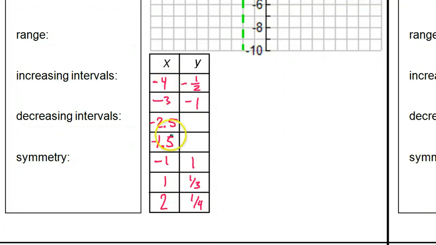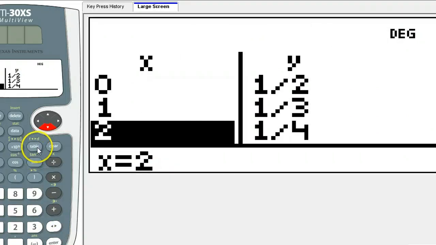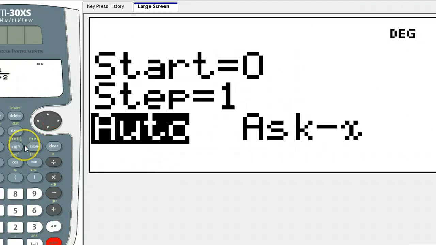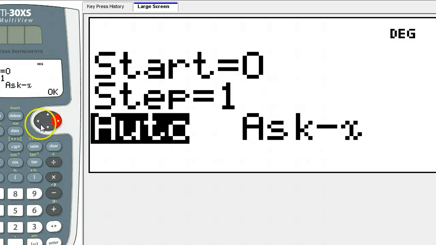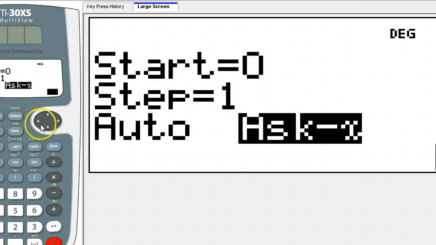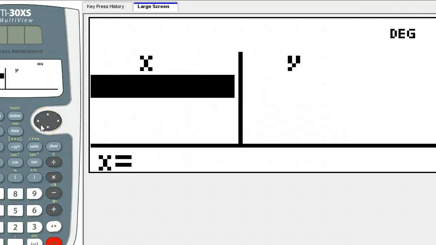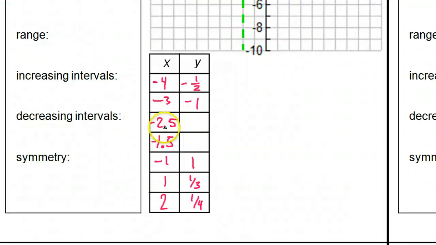They're integers. Now, what about these decimals? Okay, hit your table button again, hit enter again. An easy way to get some decimals is to use the ask feature. So I'm going to choose that this time. All right, so it's waiting for me to ask for which x values I want to evaluate.